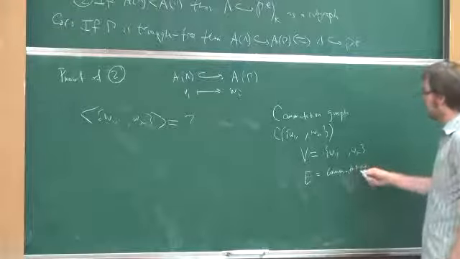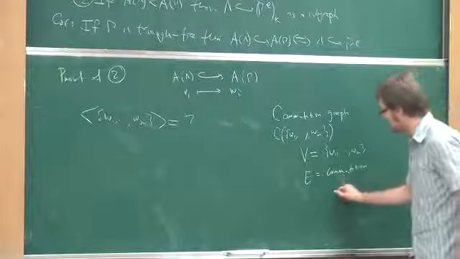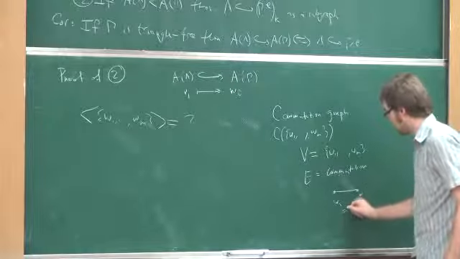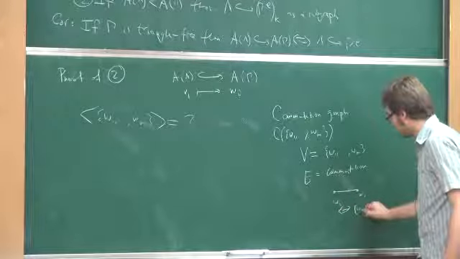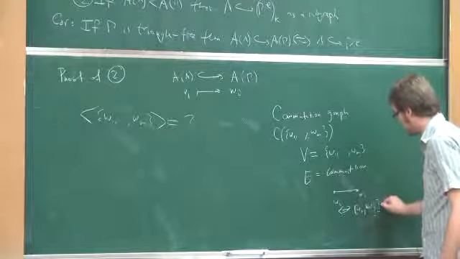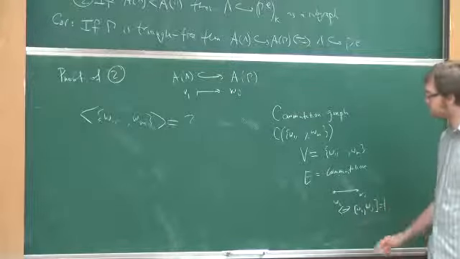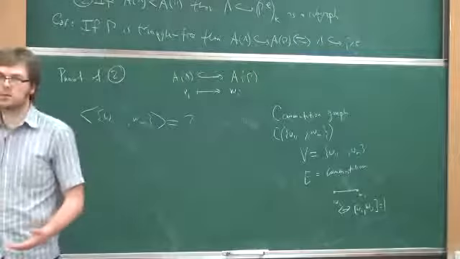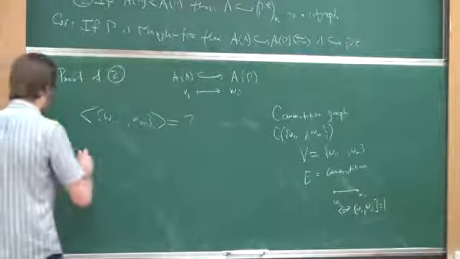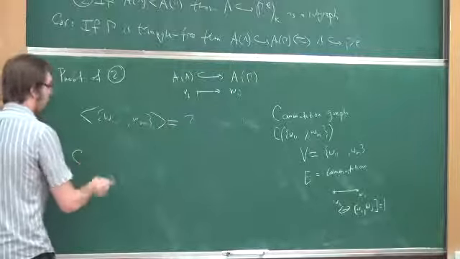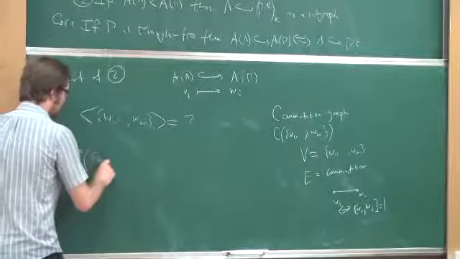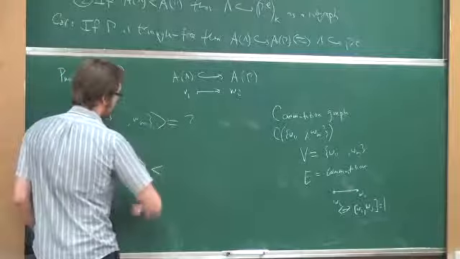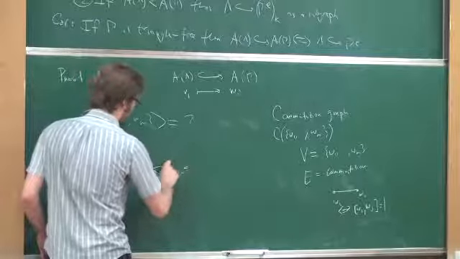So Wi is connected to Wj if and only if Wi and Wj commute. And so the difficulty that one has to overcome is showing that the commutation graph of W1 to Wm embeds in gamma E.